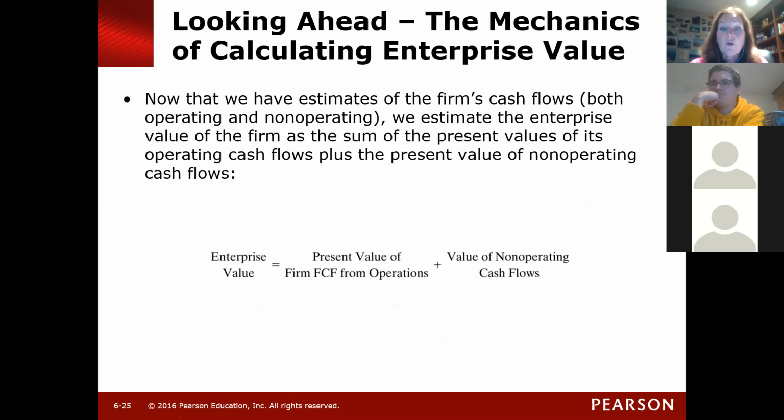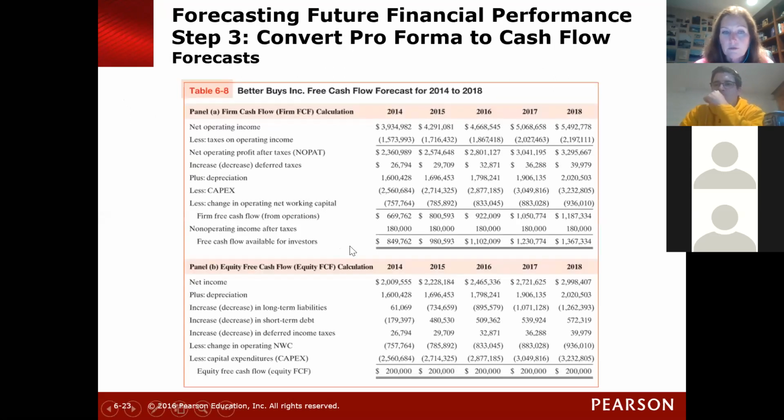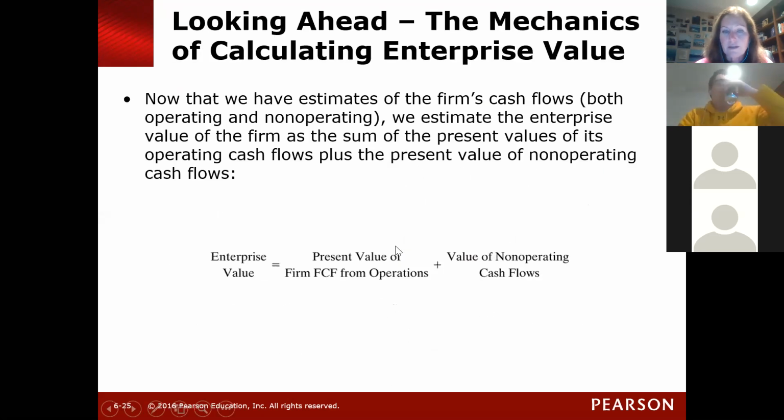All right, so when we have calculated all of our cash flows, what we want to get to is our enterprise value in order to figure out what the value is for our equity. So we're going to do the present value of our cash flow from operations plus the value of our non-operating cash flows. That's all the stuff that we just did right here. So this free cash flow available to investors, that's what we're going to have calculated.